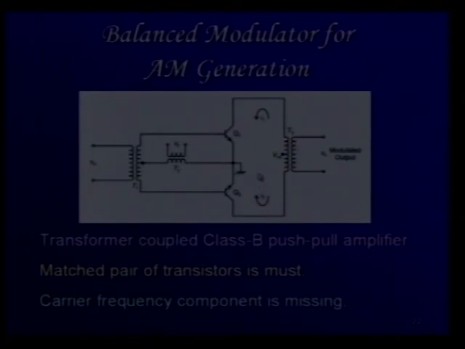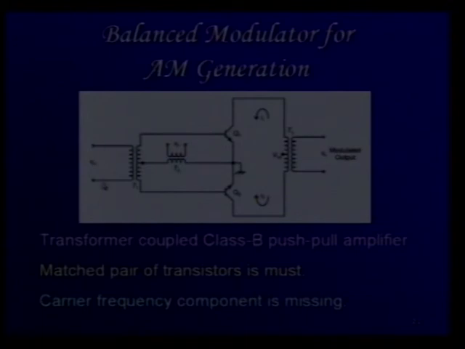If the modulating signal is 0, then they are equal, because the same signal is being fed to both transistors in the same phase. So I1 is equal to I2, and we don't have any output signal because these two currents cancel each other.